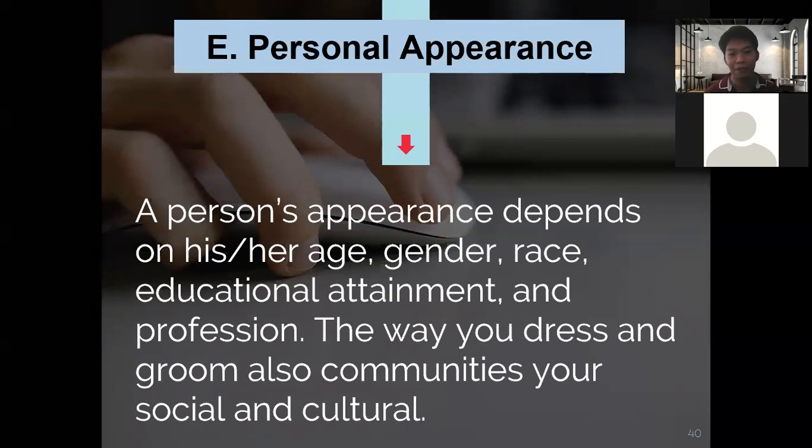For females, they have a different sense of fashion also. And in the professional field or in the corporate world, they have different kinds of clothes. You have to look so professional. But in the US, it's also different.